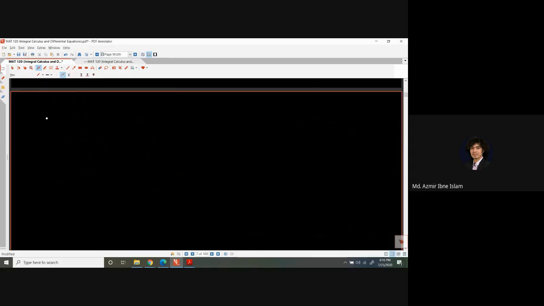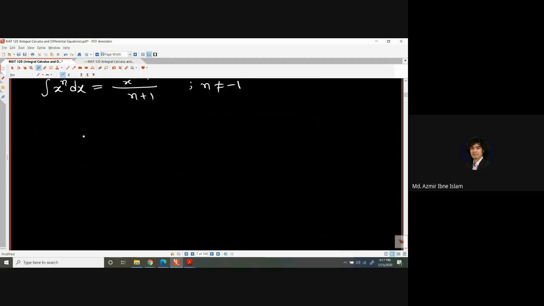I hope you already know that the integral of x to the power n dx is equal to x to the power n plus 1 over n plus 1. Remember, n is not equal to negative 1. This is called the power rule, a very common formula for integral calculus. Suppose we have to integrate x squared dx.